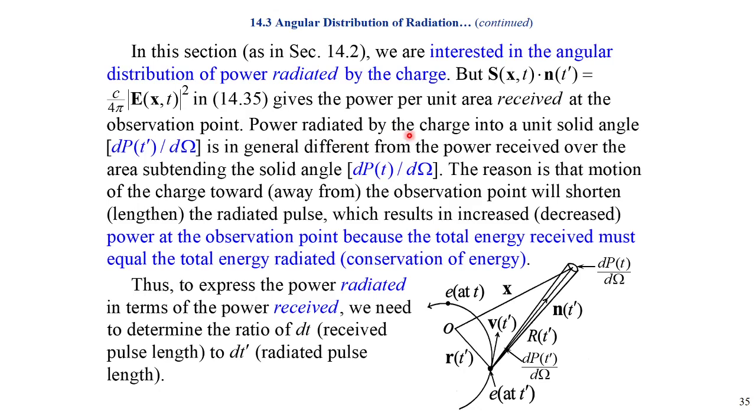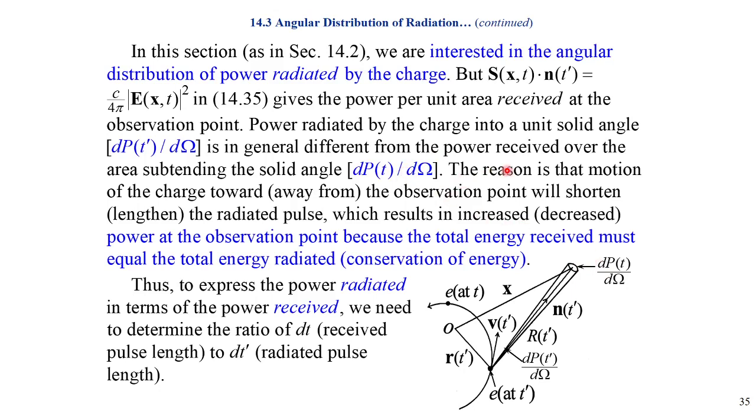The power radiated by the charge into the unit solid angle, the dP over d omega here, is in general different from the power received over the area subtended by the solid angle. Power emitted here and power received here will be different.